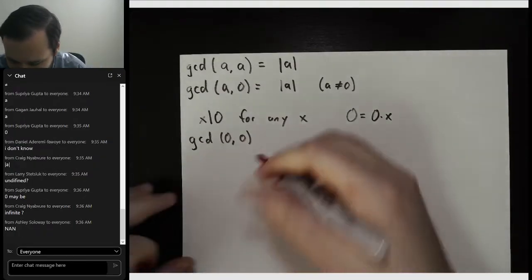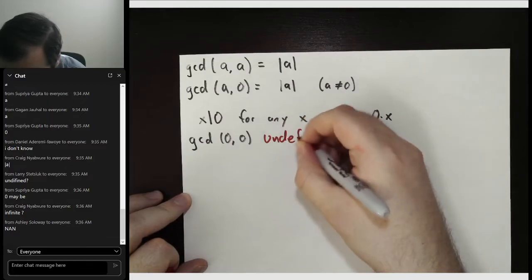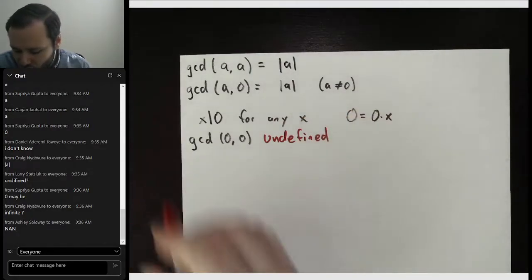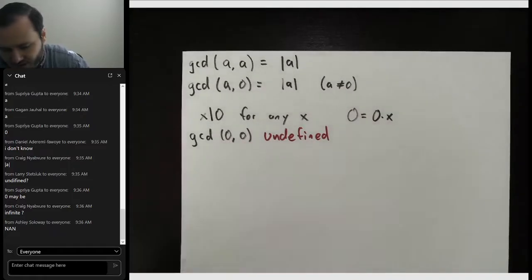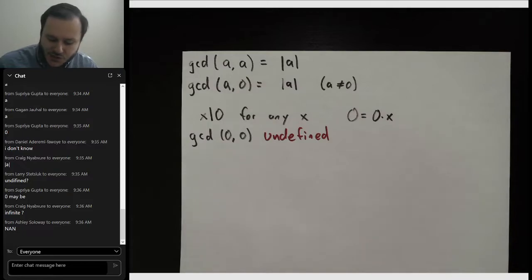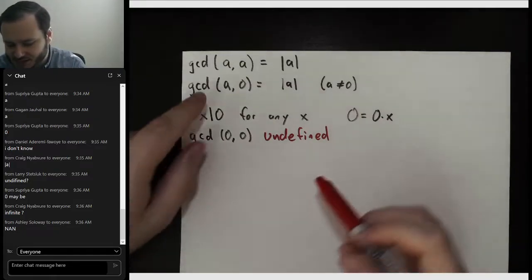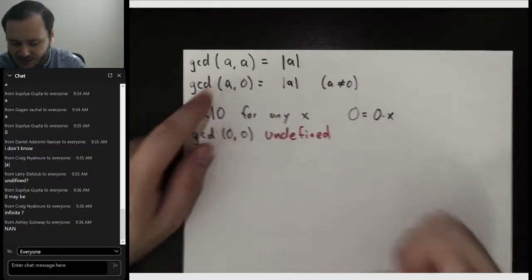This one is undefined. We don't define the GCD in the case that both numbers are 0, because any number you plug in works. Any number is a divisor of both of them. So there is no biggest one. So GCD of 0 and 0 doesn't exist, but GCD of A and 0 exists just fine.